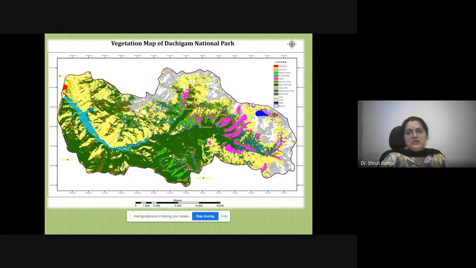Then the vegetation maps, the complete vegetation was calculated, where the settlement, agriculture, different types of forest, water bodies, and snow areas have been demarcated.